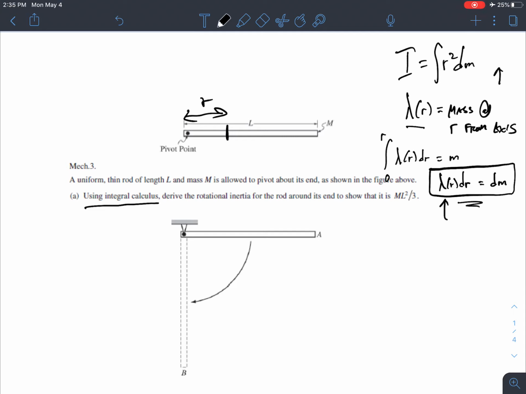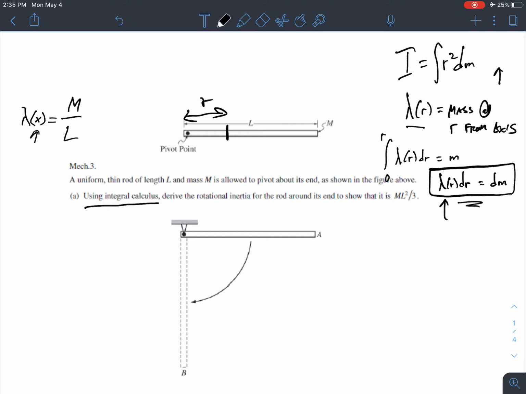For a thin rod, the linear mass density is just a constant, m over L, where this is the distance from the axis. It's that constant because you don't get any more or less mass as you move out, because it's just a thin rod.